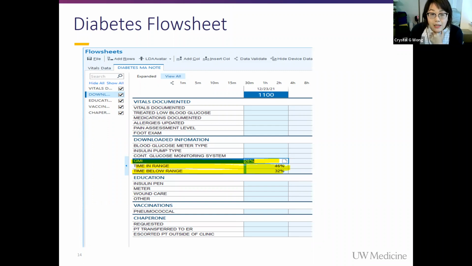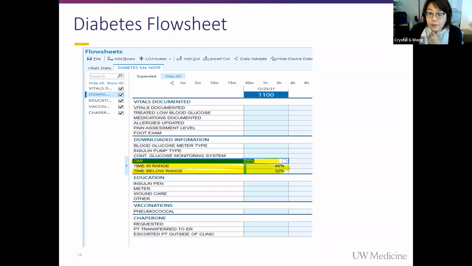And the first time you want to access this, you're going to need to search for it because it's not going to pop up automatically. And if you put in diabetes MA note in there, it'll pop up and you can favorite it. And then it will have the GMI, the time in range, and the time below range as key metrics. So if you have multiple reports, you can see it trended over time in the flow sheet.